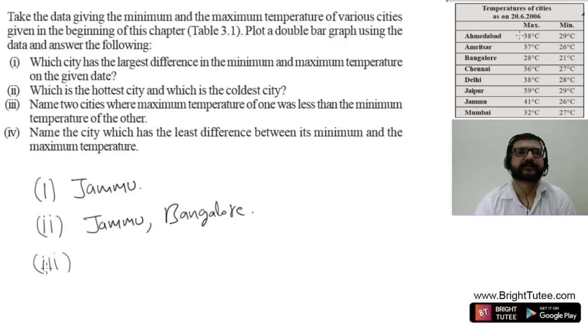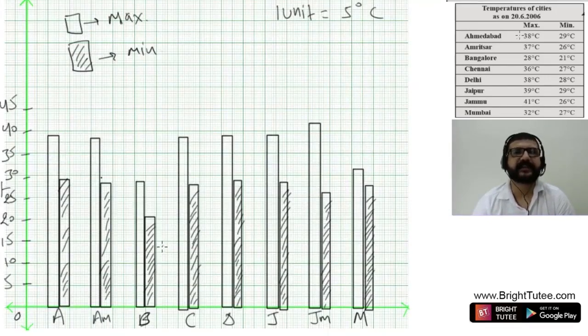Now the third question here is, we have to tell two cities where the maximum temperature of one was less than the minimum temperature of the other. Now as we can see here in the graph, the maximum temperature of Bangalore is less than the minimum temperature of Jaipur. So therefore, one such pair of cities is Bangalore and Jaipur, and the second pair of such cities can be Bangalore and Ahmedabad, as we can see here.